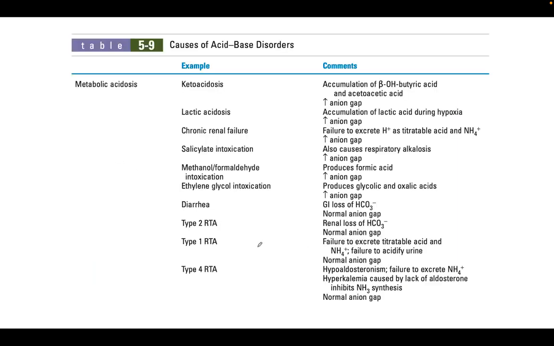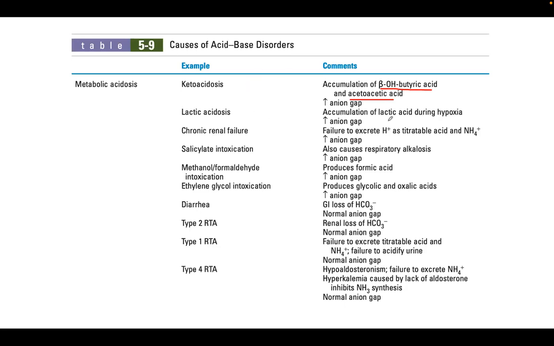Now, I just want to emphasize this. This is a very high-yield table showing you more than what actually is found in Guyton. Ketoacidosis: there's accumulation of beta hydroxybutyric acid and acetoacetic acid, because acetone is not an acid.